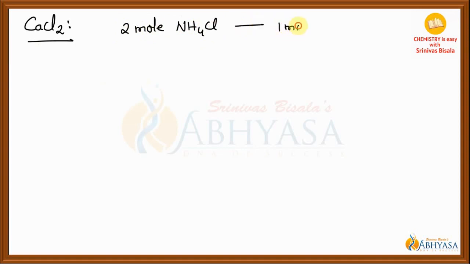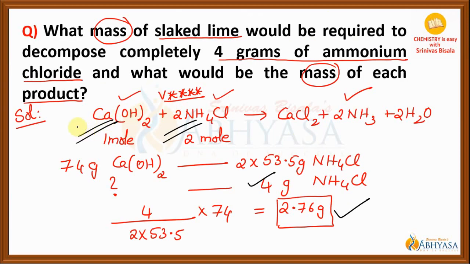First, let us solve the amount of calcium chloride formed. From the balanced equation, 2 moles of ammonium chloride whenever taking part in the reaction, we get 1 mole of calcium chloride, isn't it? This is according to this balanced equation.